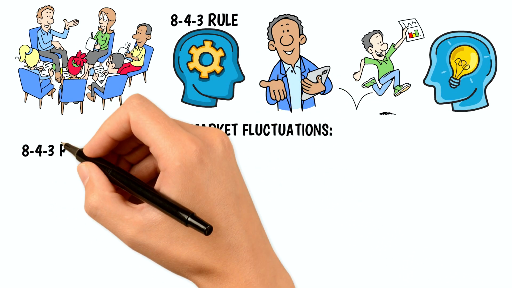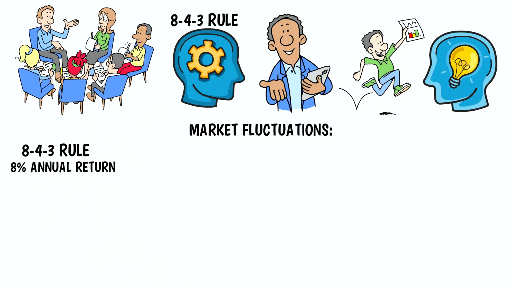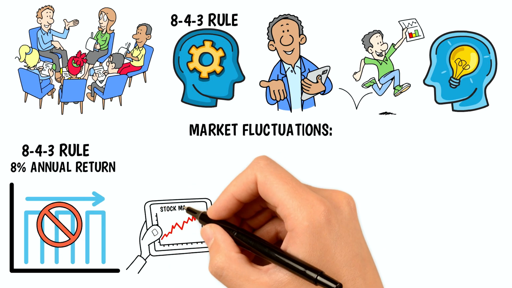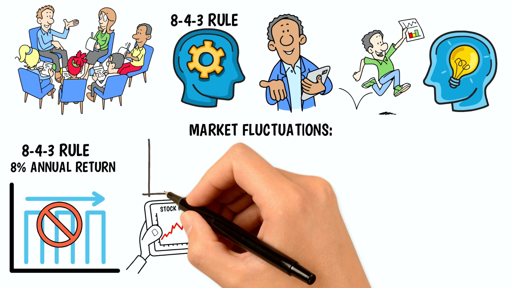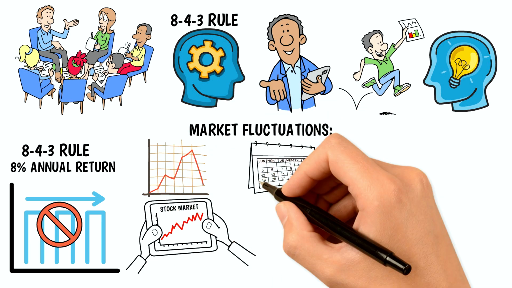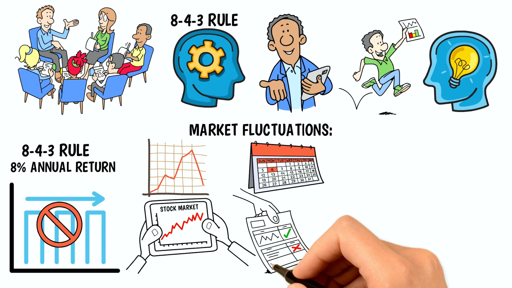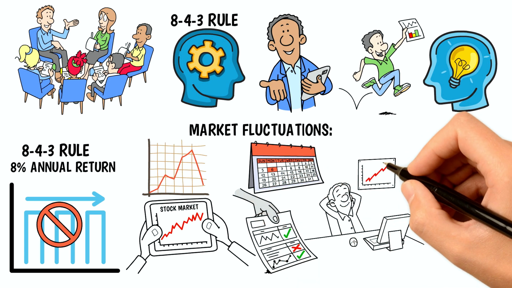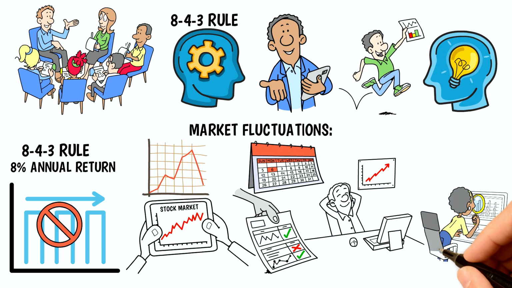While the 8-4-3 rule assumes an average annual return of 8%, achieving this consistently is not guaranteed. Stock markets and other investment avenues experience periods of volatility, with ups and downs along the way. There will be years when your returns exceed 8%, and other years when they might fall short. It's essential to maintain a long-term perspective and understand that short-term fluctuations are inevitable.